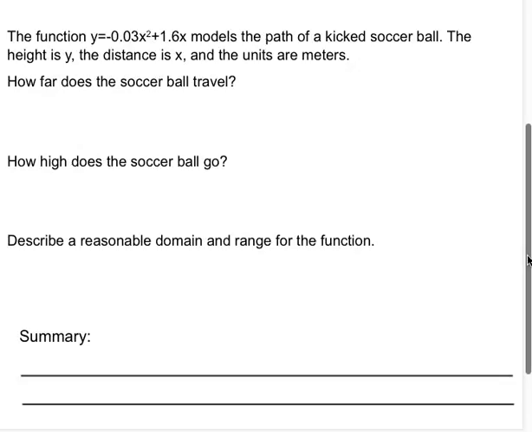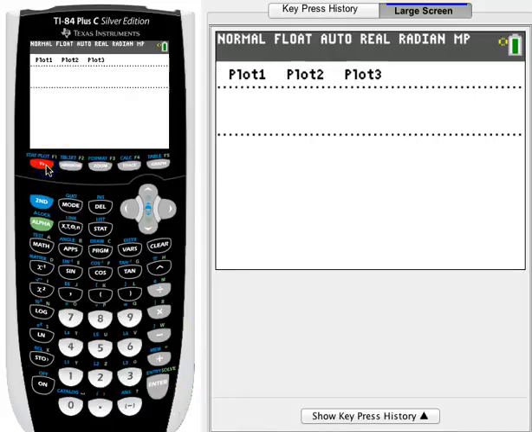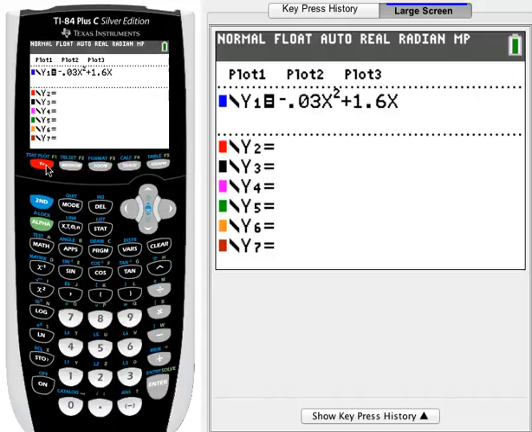All right, so here we need our graphing calculator, and this time, instead of factoring it, because that thing honestly looks like a headache to try to factor, we are going to use our graphing calculator. So go to y equals, and you can type that in, okay? Negative 0.03x squared plus 1.6x. And what we just learned is if I'm trying to solve this and figure out when is this equal to 0, well, that's the same thing as the x-intercepts.